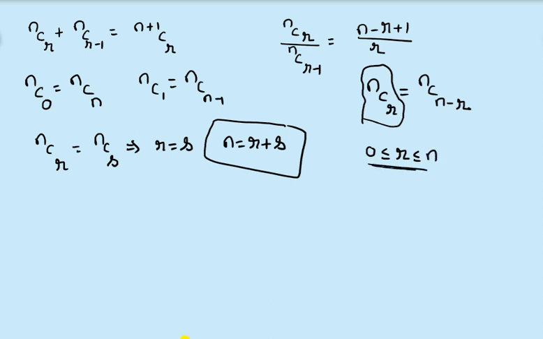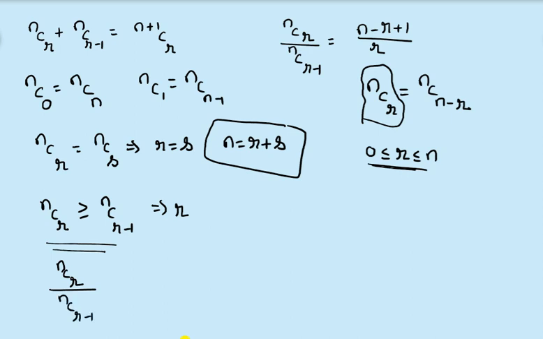Now here I am saying nCr is greater than or equal to nCr-1. Then what can you say about the values of r? Observe here, nCr ≥ nCr-1 means we can write nCr divided by nCr-1 is greater than or equal to 1.